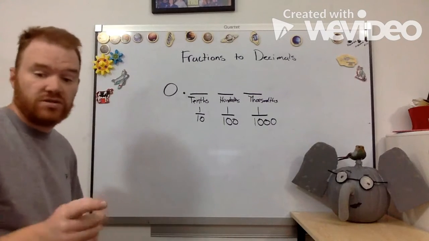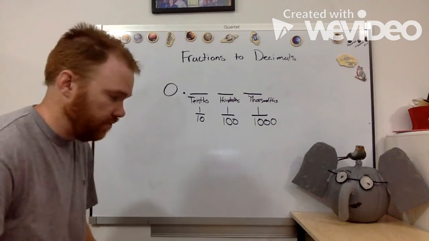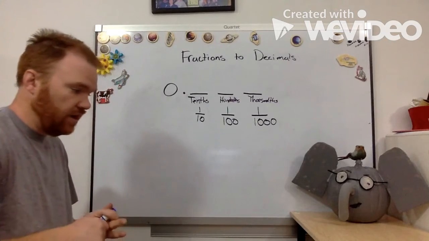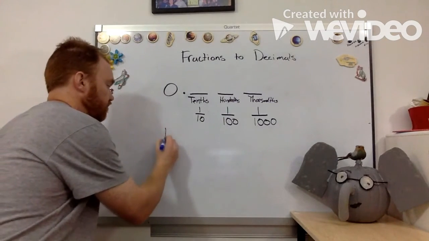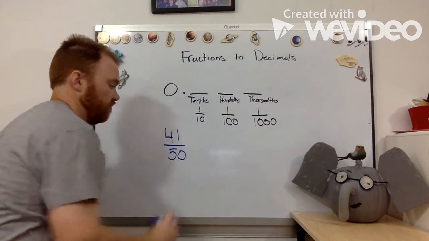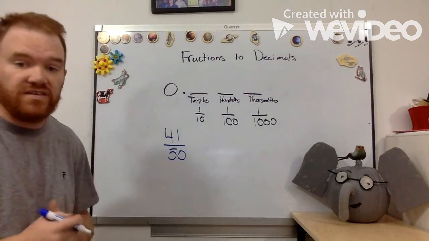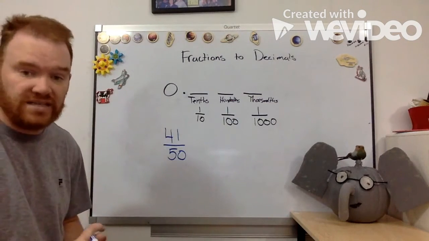Here's the first example I'm going to work for you. The first one is 41/50ths. Let's say I want to turn that into a decimal.